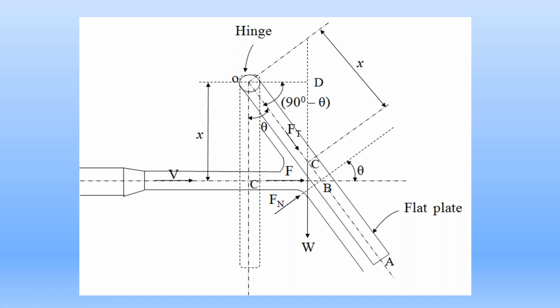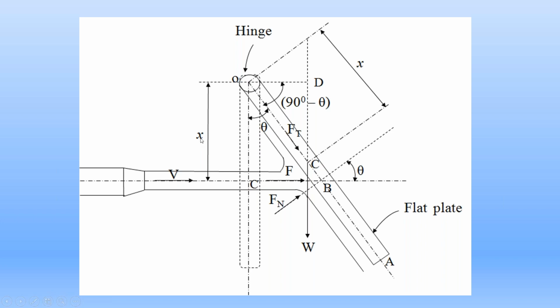Cos theta is equal to the adjacent side over the hypotenuse. In that right angle triangle OBC, with respect to theta, OC is the adjacent side and OB is the hypotenuse. So cos theta is equal to OC divided by OB.